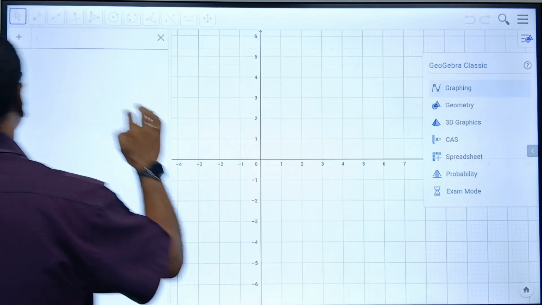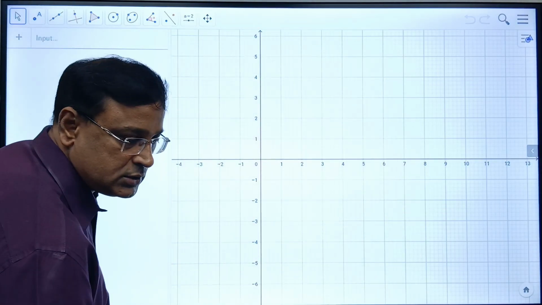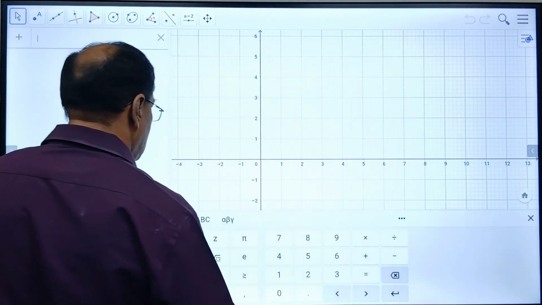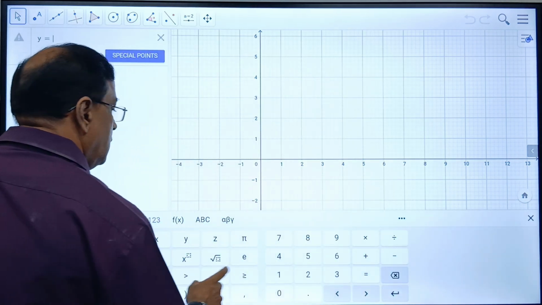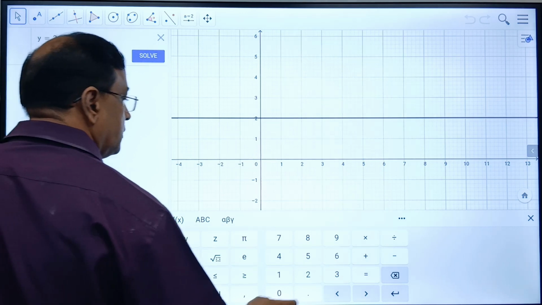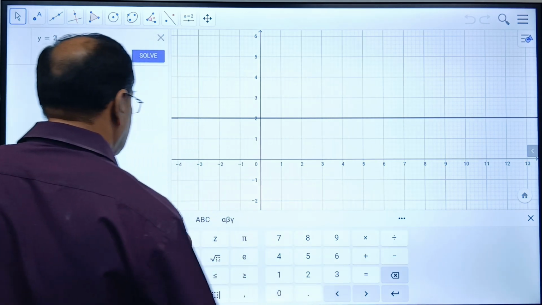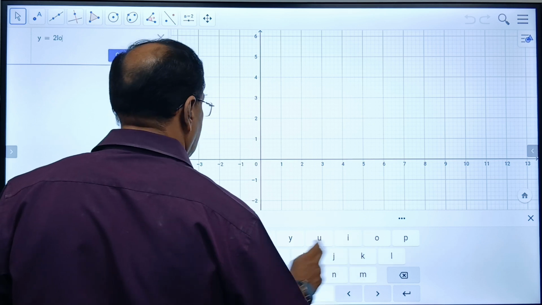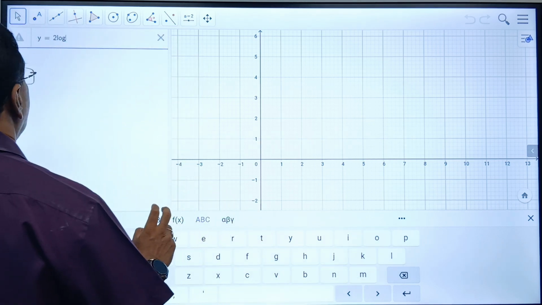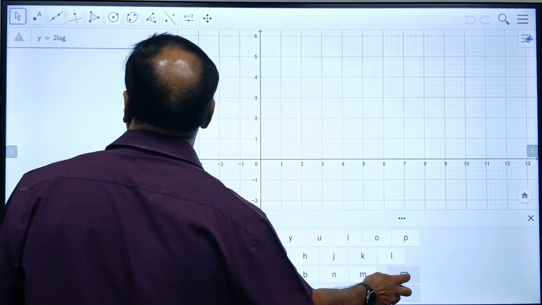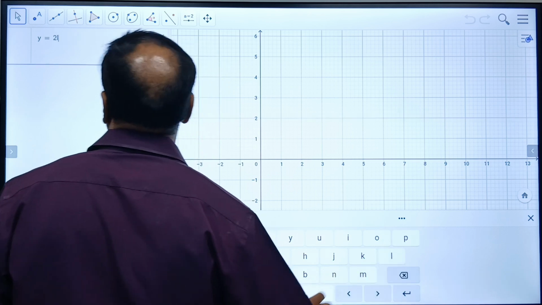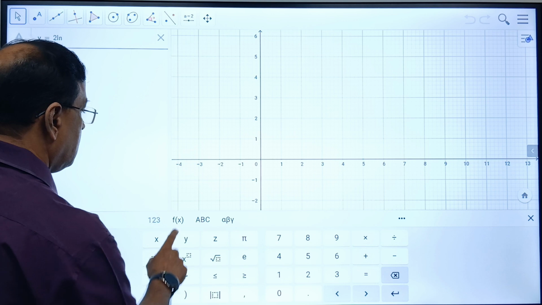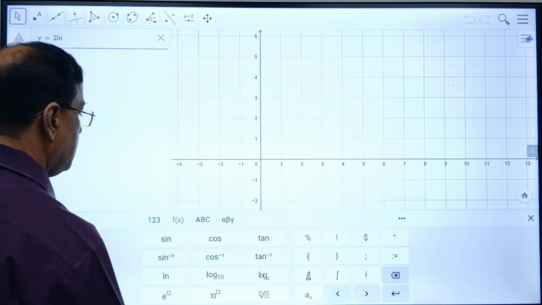Now, what is the function? Here, my function is y equal to 2 times ln of 1 plus x, minus 2x divided by x plus 2.